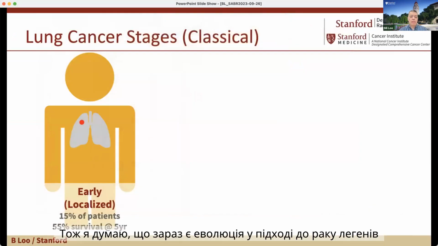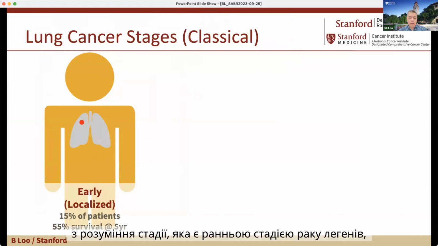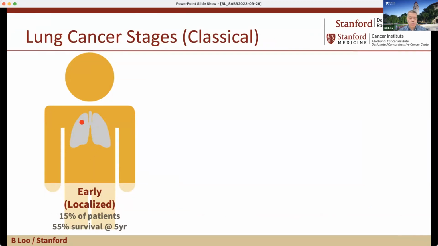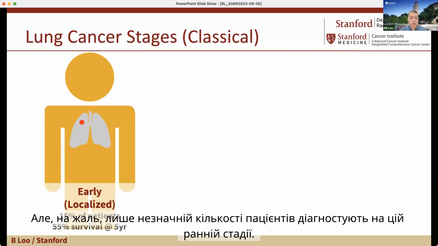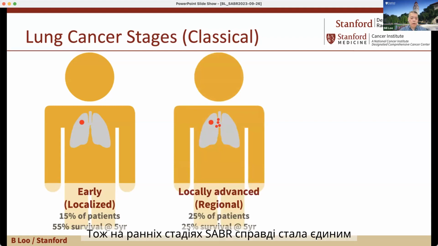So I think there's a current evolution in thinking about the approach to lung cancer. The classical approach to treatment is based on this understanding of stage, which is that early stage lung cancer, which is localized to just the lung, of course, has the highest survival and best chance for cure. But unfortunately, only a small minority of patients are diagnosed at this early stage. So the early stage is where SABR has really become one of the standards of care, as we'll talk about.